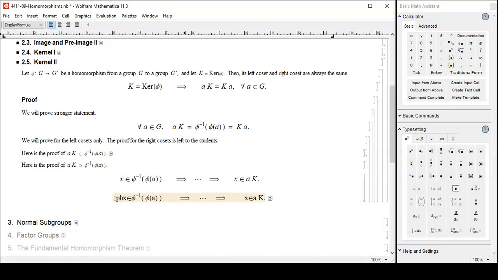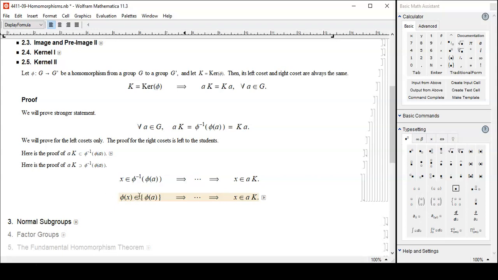That means phi of x belongs to this set. Remember, the preimage is defined for subsets of the target, so it always has to be a set.